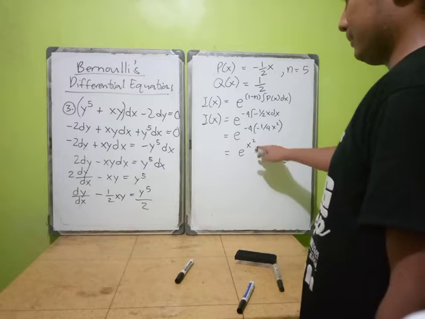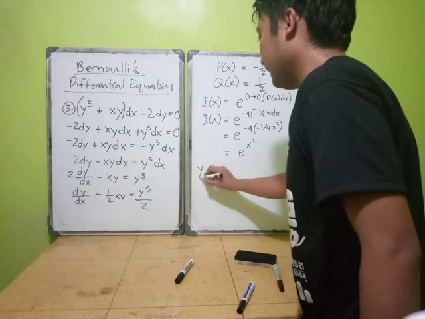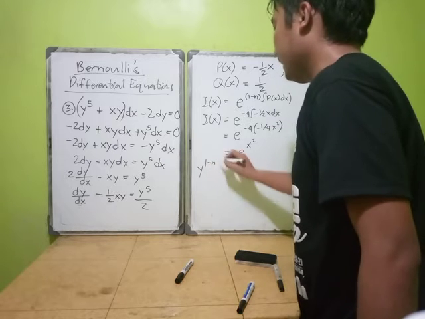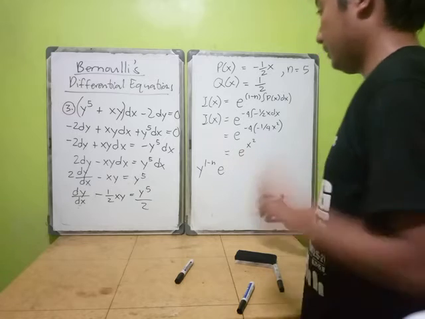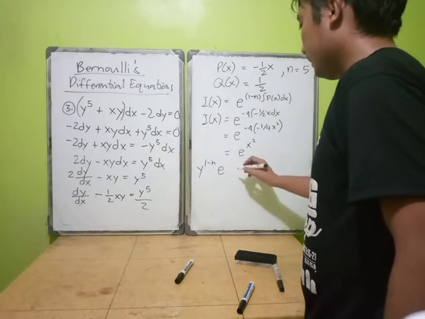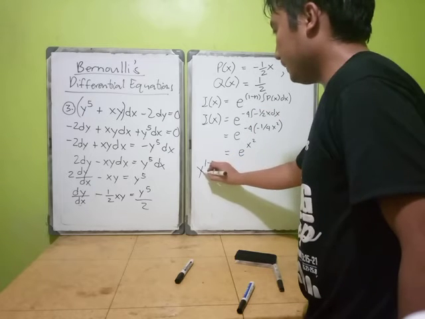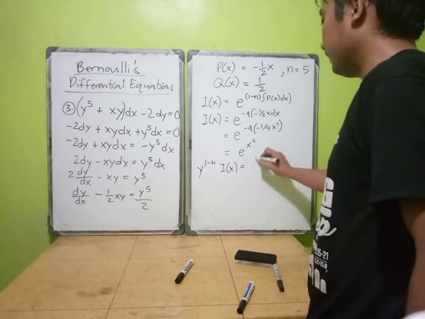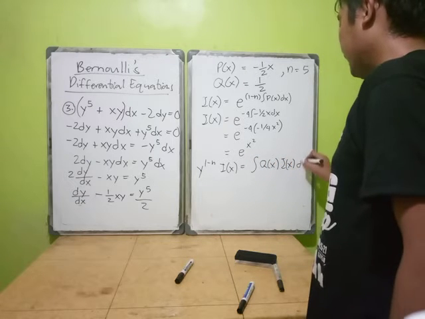Yan. So, yung gagawin mo is ilagay natin siya sa template. Y to the power of 1 minus n multiplied by the integrating factor, y to the power of 1 minus n times Ix is equal to integral of q of x, I of x, dx.